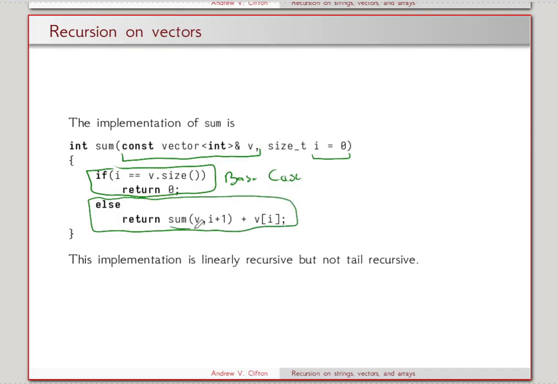That's what the recursive call is, just saying, okay, recursive fairies, please add up the rest of the vector, and then we just add in the v sub i that hasn't been incorporated into it. Again, this is linearly recursive, but not tail recursive. If you wanted to make it tail recursive, add another parameter like int s equals 0 to do the sum on the way down instead of doing it on the way up.